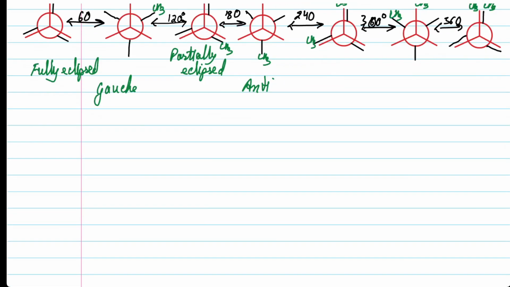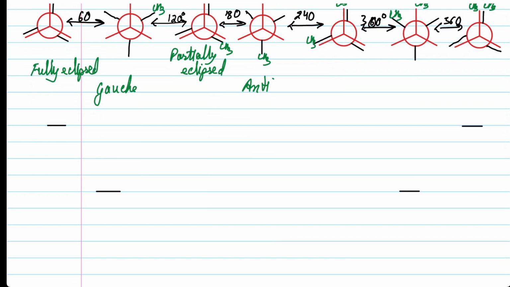Now, if we talk about the energy graph of these structures, it's quite obvious that fully eclipsed would have the highest energy. So these two fully eclipsed structures are going to have the highest energy. Gauche is going to have a lower energy as compared to the fully eclipsed structure.